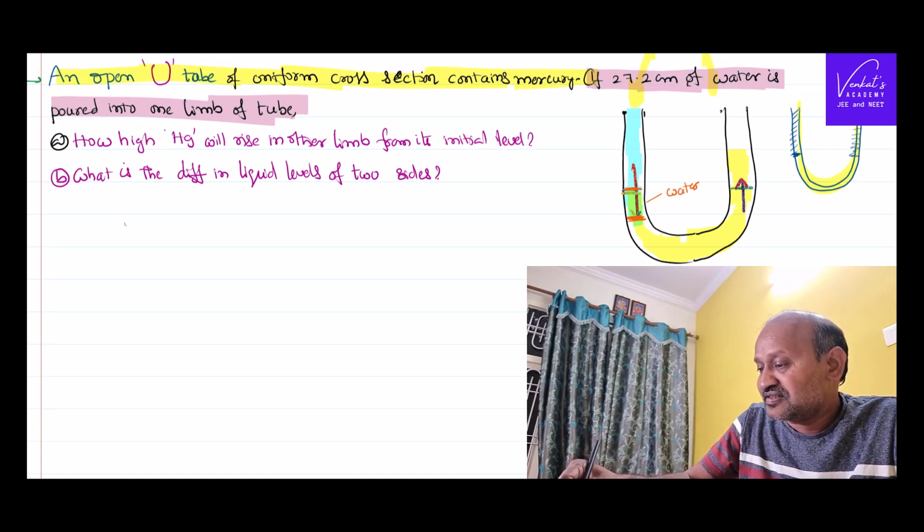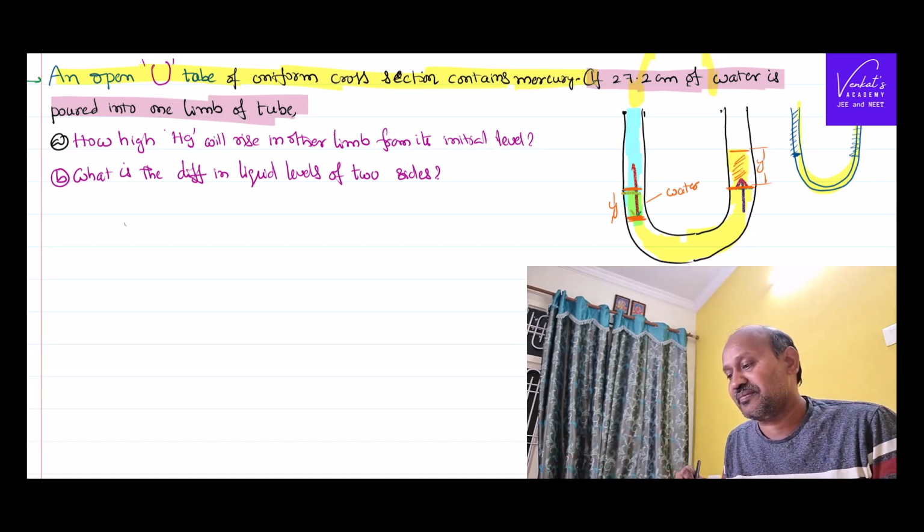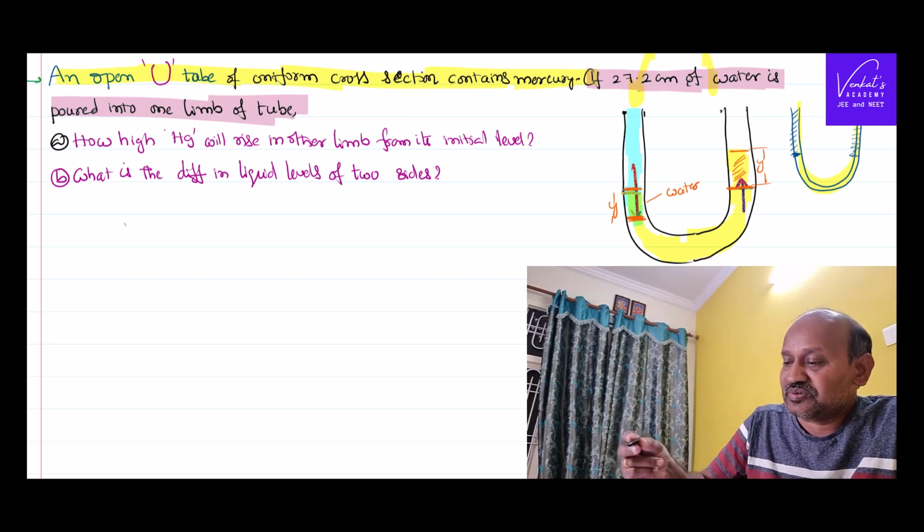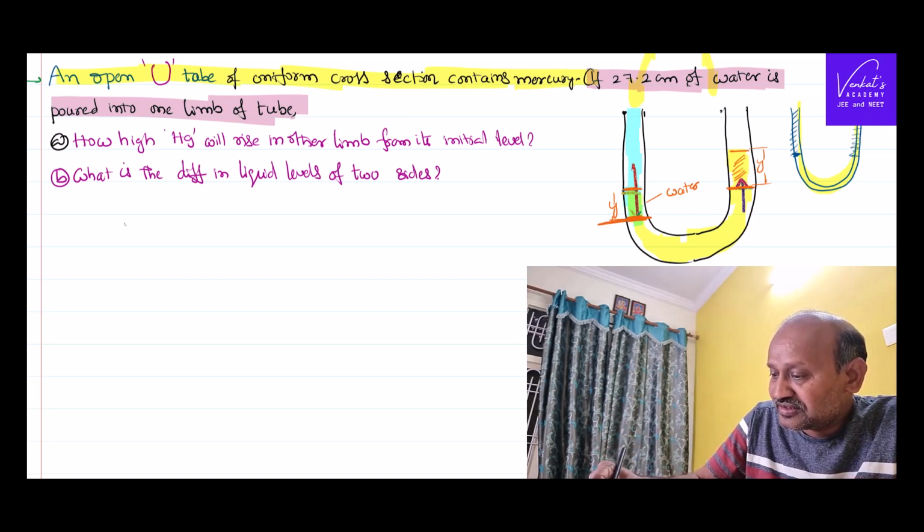This is the initial level of the mercury on the other side. It is raised on the other side by the same value. That means here, if the mercury is down by y, here the mercury is raised by the same y itself. So, if you consider this point and this point, these two are at the same level.